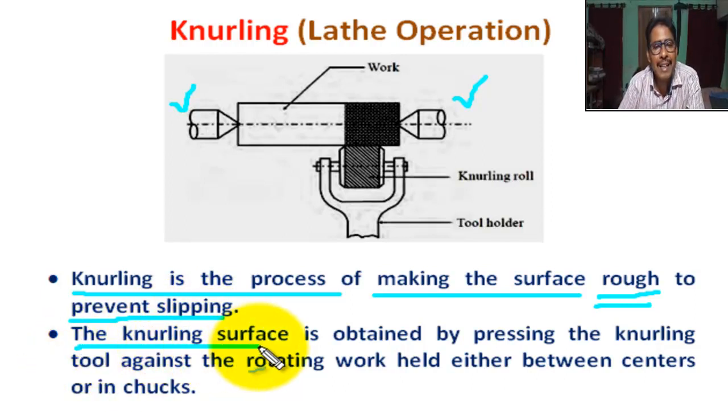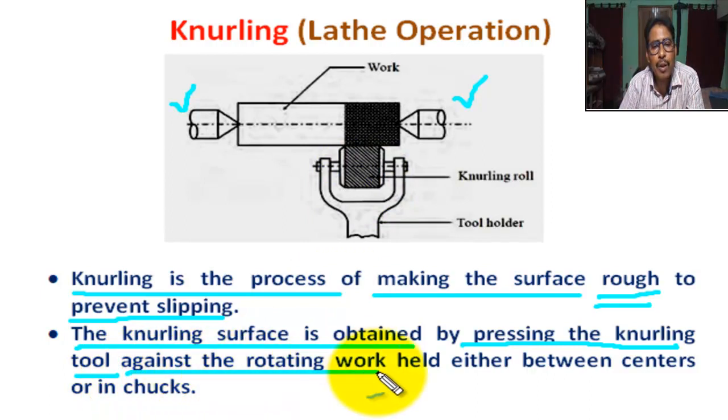The knurling surface is obtained by pressing the knurling tool against the rotating work. This is the rotating work held either between centers, live center and dead center, or held in a chuck.